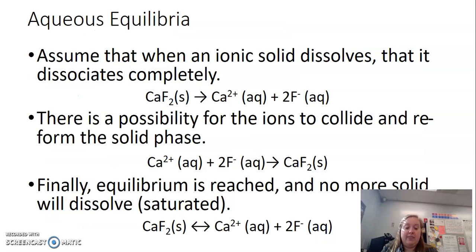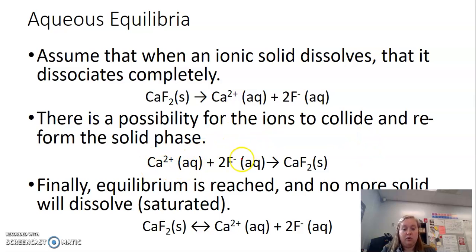Okay, so again, this is just looking at how we lead into aqueous solubility or aqueous equilibria. And so if we go back to just the traditional definition of a dissociation reaction, if we take calcium fluoride, for example, that's going to dissociate into two different ions. It dissociates into a calcium ion and then two fluorine ions. You have to remember with equilibrium that there's a possibility that the reaction could go backwards.